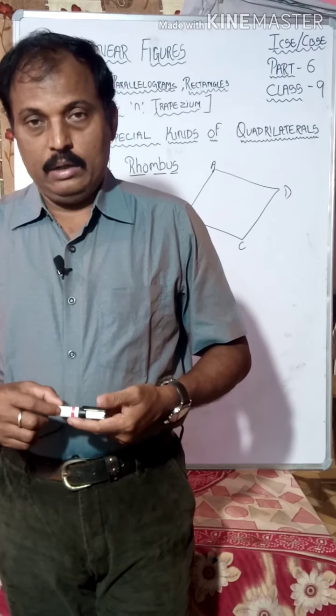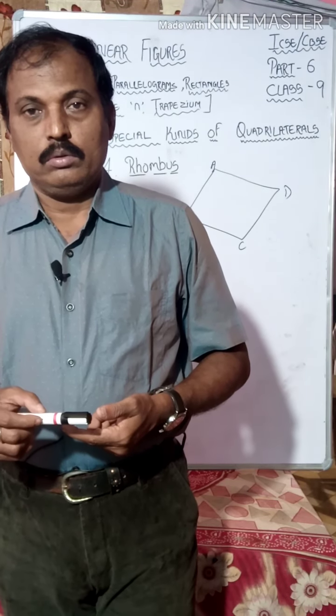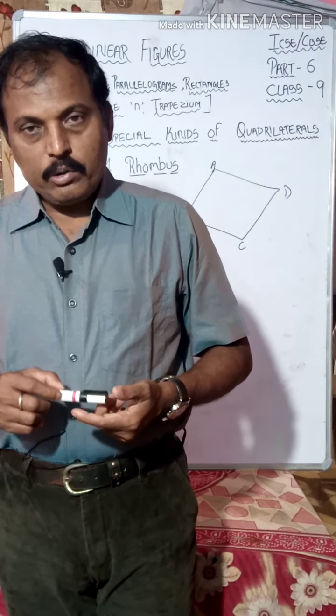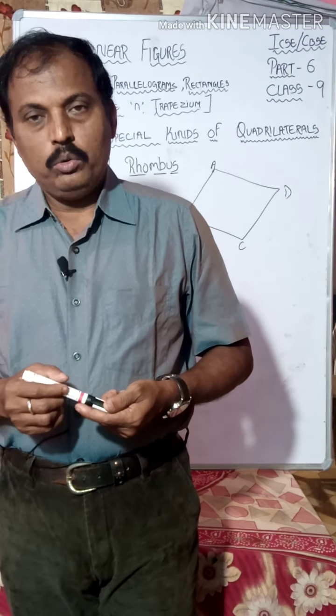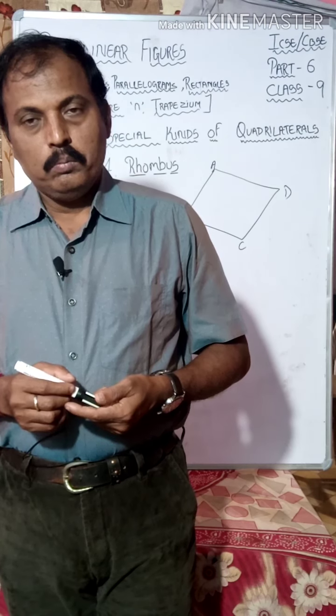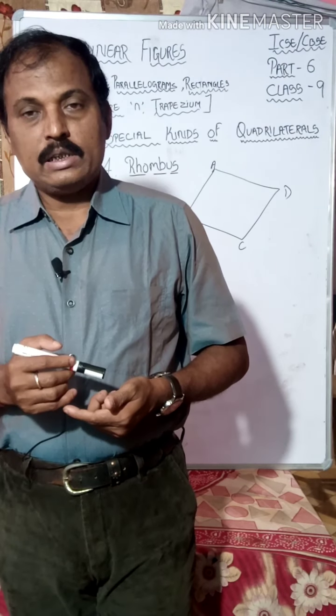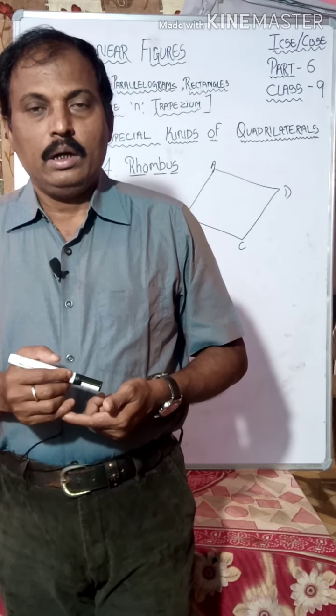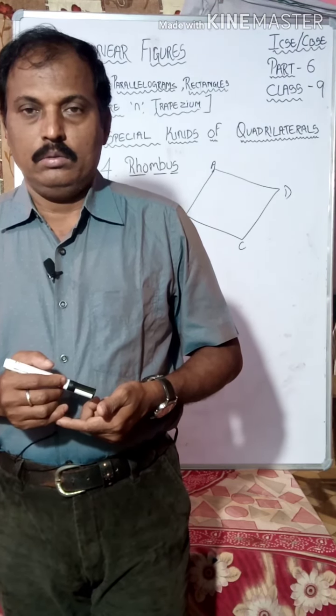According to quadrilateral definitions, what is a rhombus? A rhombus is a quadrilateral in which both pairs of opposite sides are parallel and all sides are equal.